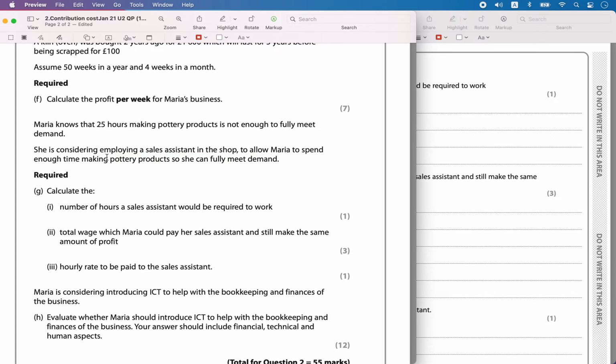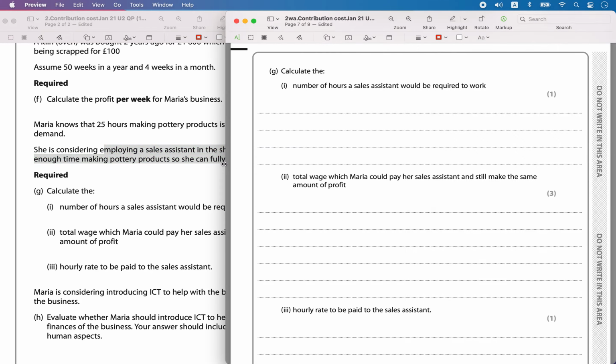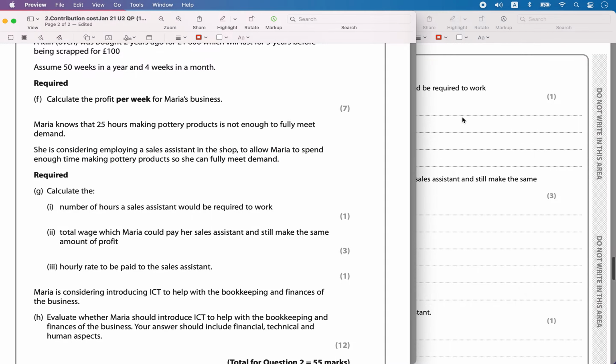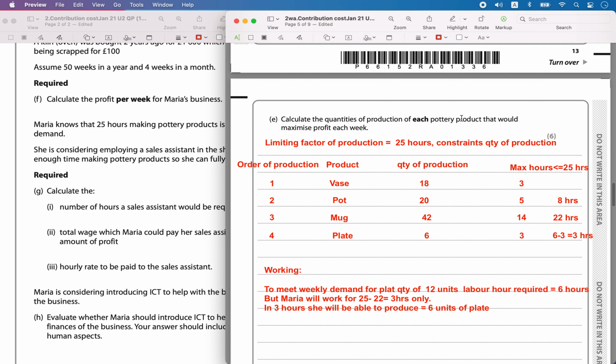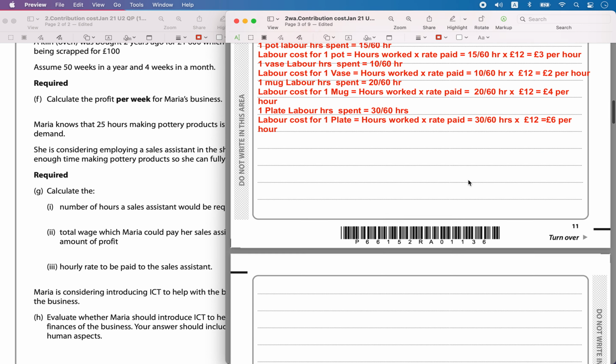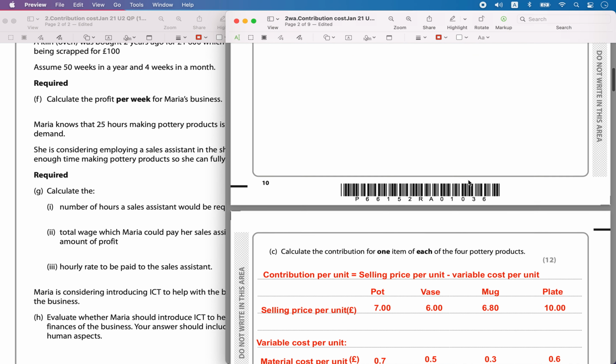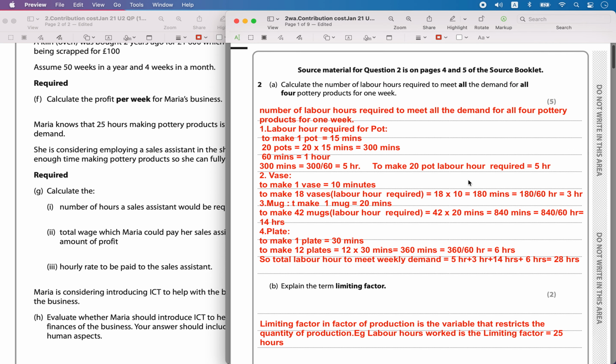So she is trying to employ an assistant to complete the extra 6 plates, to meet the weekly demand. We had seen that she works for 3 hours to make 6 plates. So if she works to complete the weekly demand of 12 plates, the weekly demand was around 12 plates to be made.